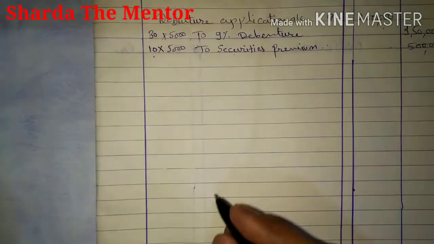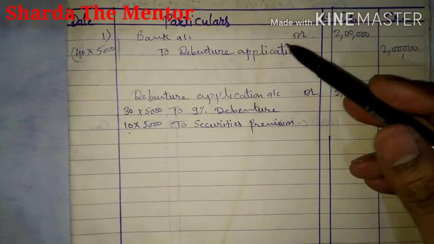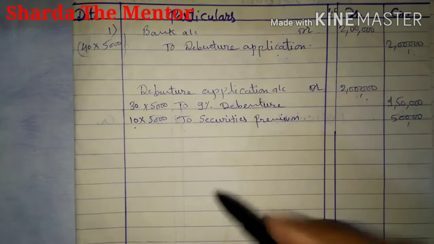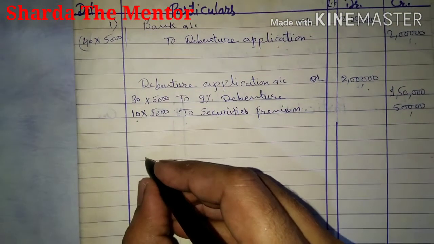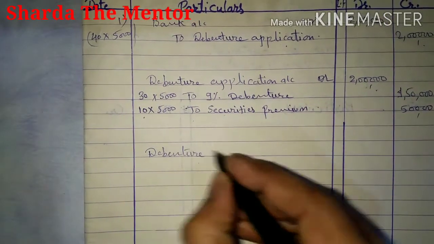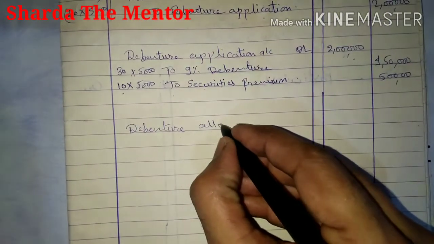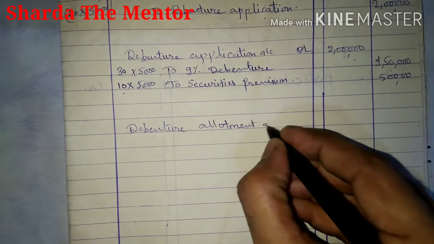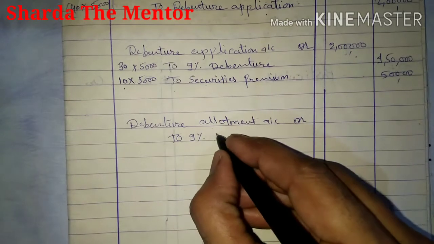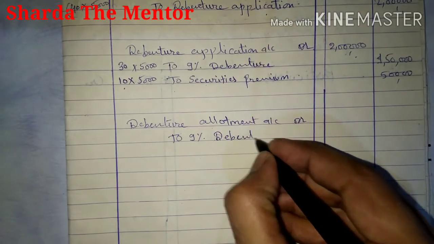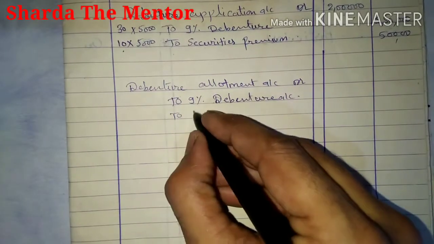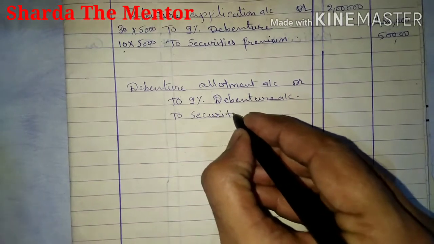Now the next entry, allotment. In the application we do the bank entry first, but when allotment is there, the company will intimate the debenture holder that your amount is due. So debenture allotment account debit to 9% debenture account, to securities premium.